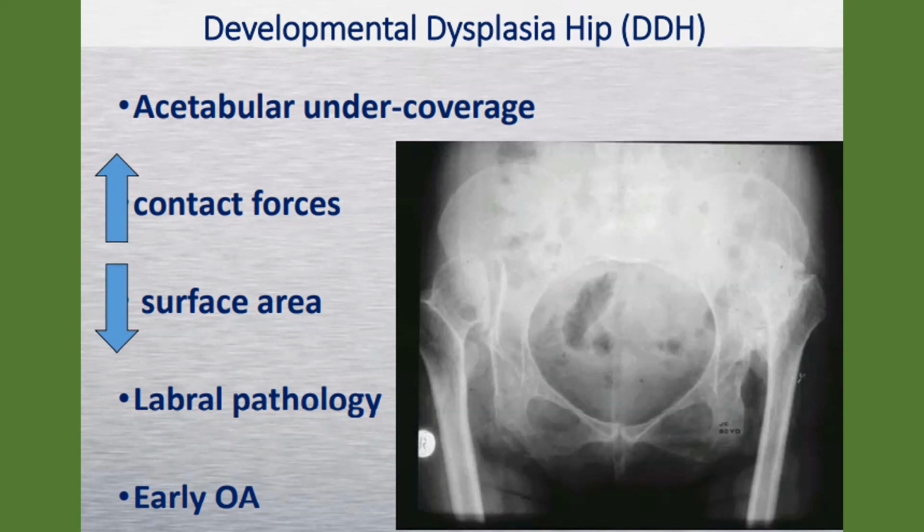The contact forces on the hip are very different. When you have a dysplastic hip, the load on the hip is very different from a normal hip. You have a smaller surface area, and as a result you're bound to have degeneration and labral pathology, and all these lead to early osteoarthritis.